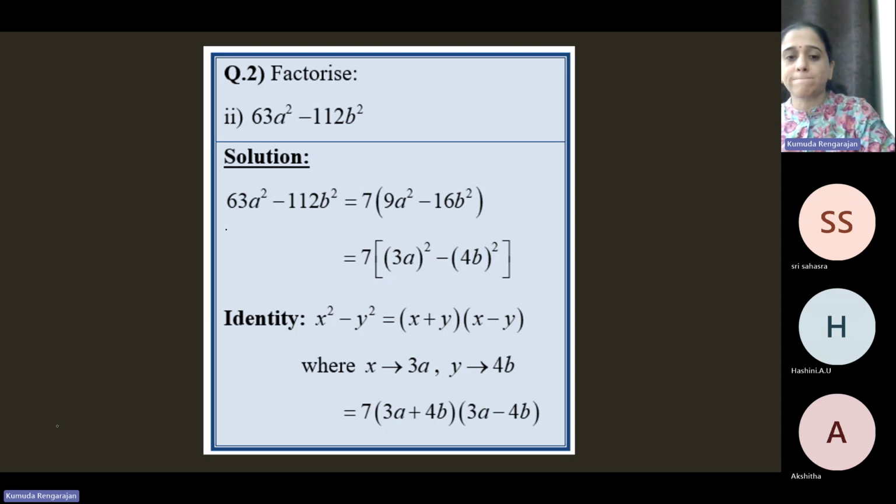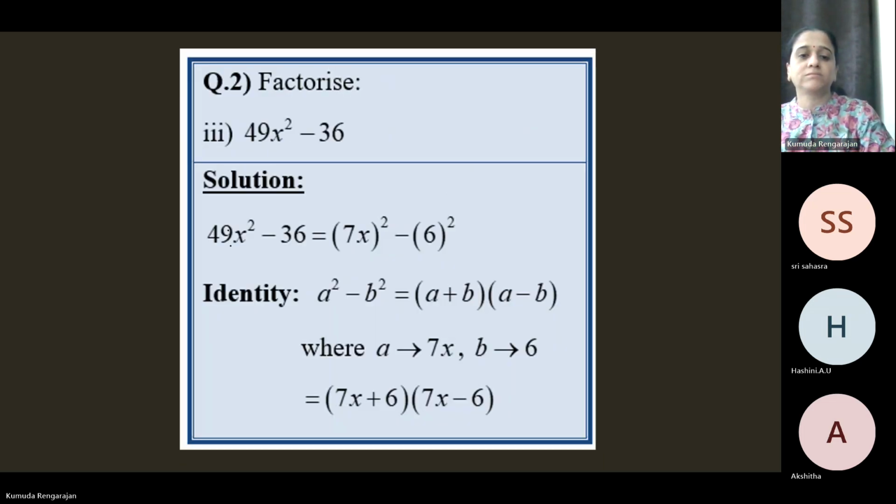Completed? This is the next one. 49 and 36 have nothing in common, meaning the HCF is 1, so you can straight away apply the identity. Do this.